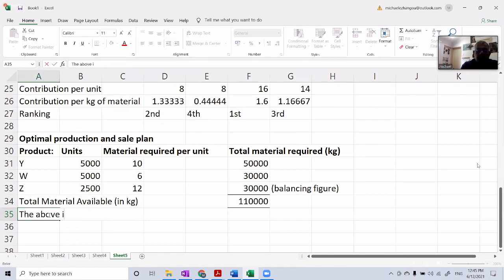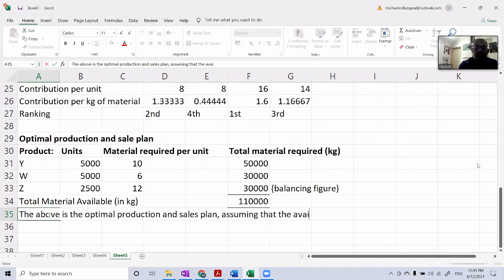The above is the optimal production and sales plan, assuming that the availability of materials is limited to 110,000 kg.